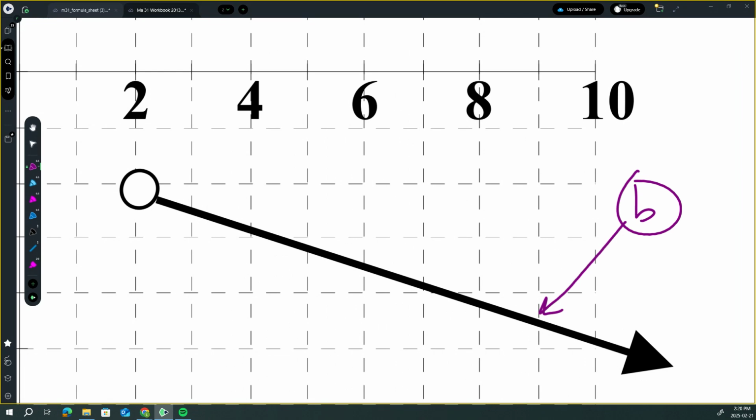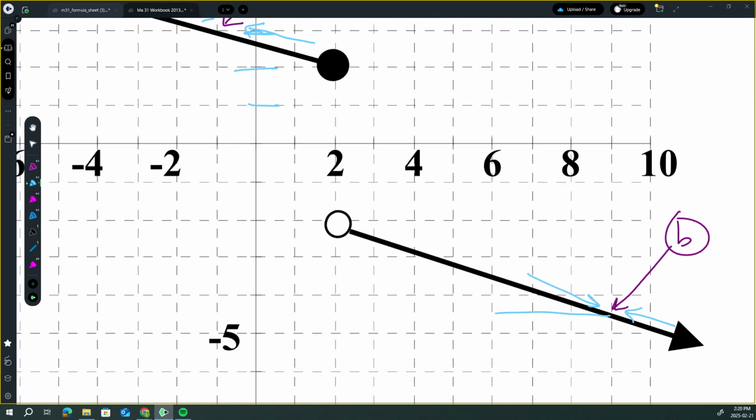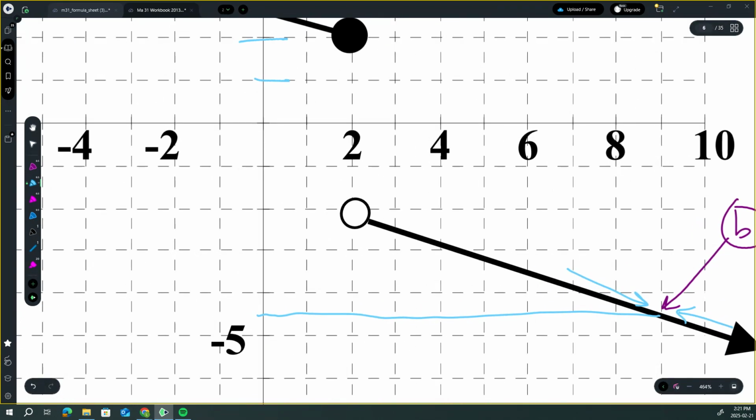Again, I'm mentally tracing my finger from both the left and the right-hand side, and this is not a very straight line, but I can say that approximately as x approaches 9, y is approaching -4.5, -4.6, somewhere in there. I'm going to say maybe -4.6.